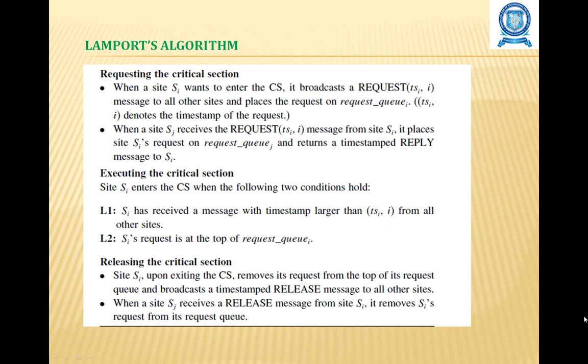When a site Si exits the critical section, it removes its own request from the top of its request queue and sends a timestamped release message to all the other sites. When a site Sj receives this release message from site Si, it removes Si's request from its request queue.